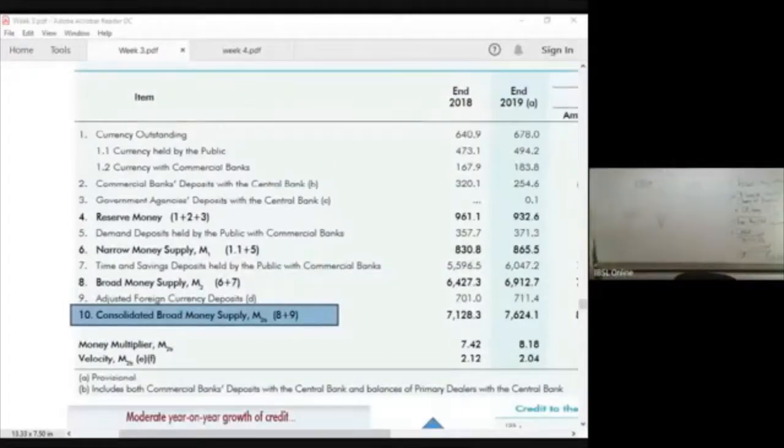How do you calculate? You calculate it using nominal GDP. Nominal GDP means national output in nominal terms, right? Divided by broad money.